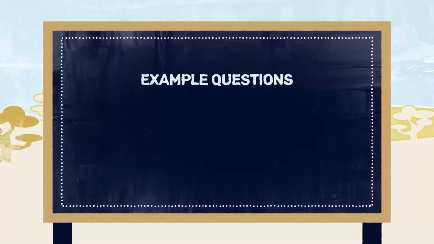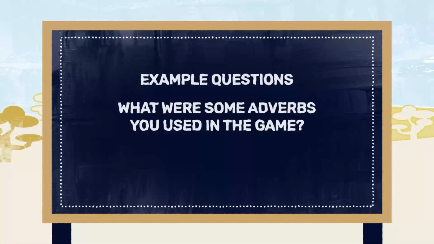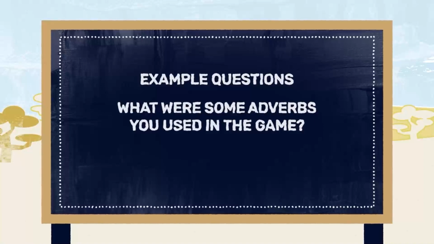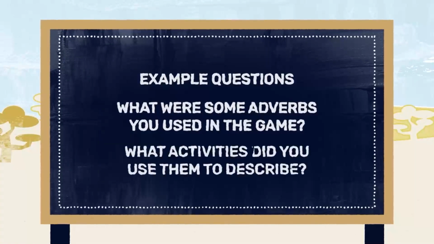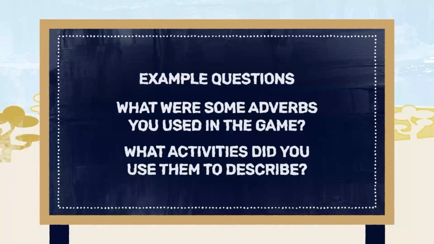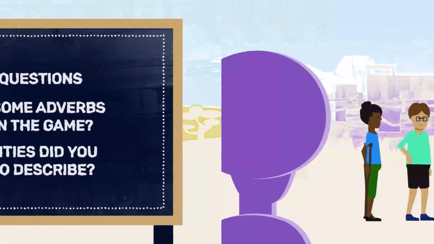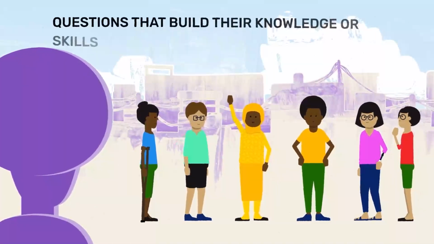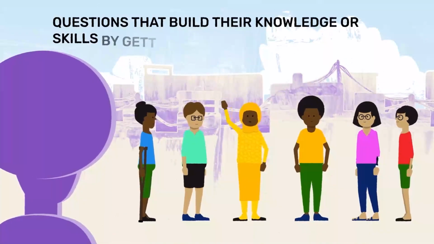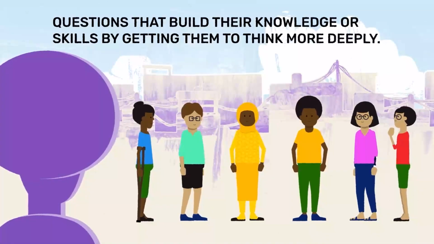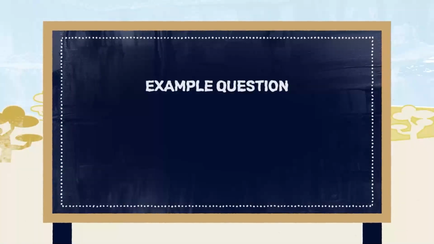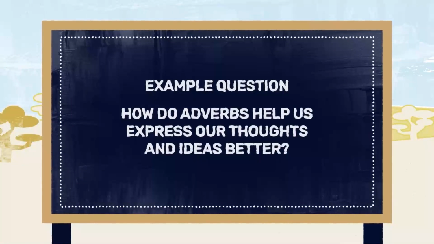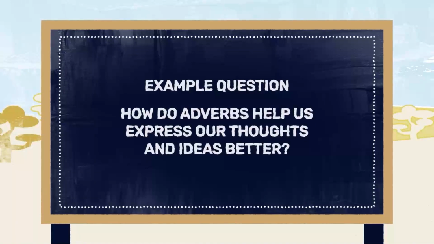For example, what were some adverbs you used in the game? What activities did you use them to describe? Questions that build their knowledge or skills by getting them to think more deeply. For example, how do adverbs help us express our thoughts and ideas better?